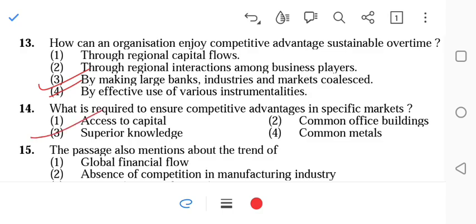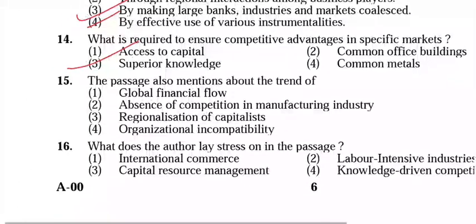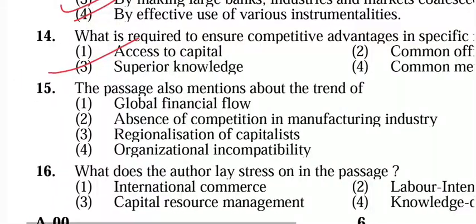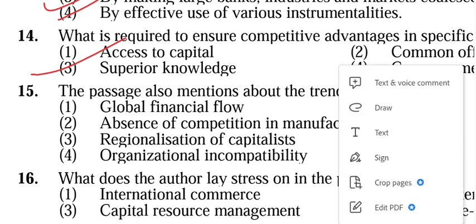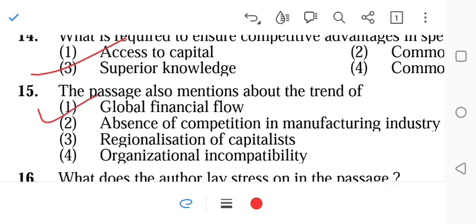Superior knowledge. Number 15, the passage also mentions about the trend of what? Global financial flow, absence of competition in manufacturing industry, regionalization of capitalists, organizational incompatibility. Number 15. So the correct answer will be global financial flow according to my research.